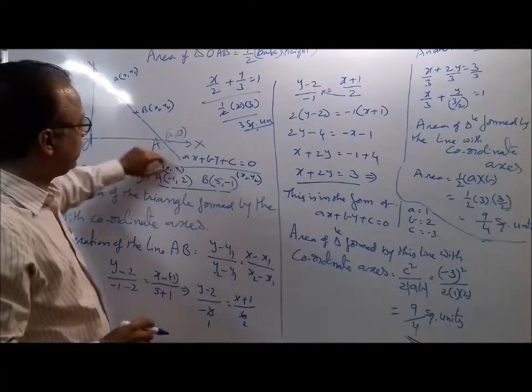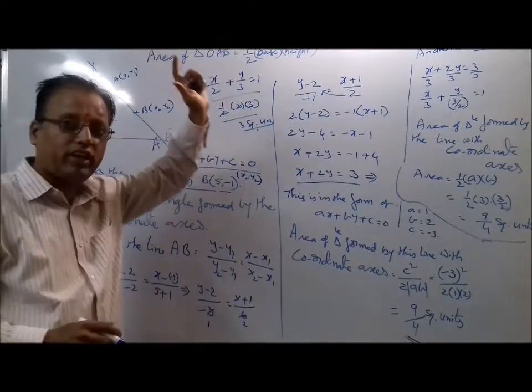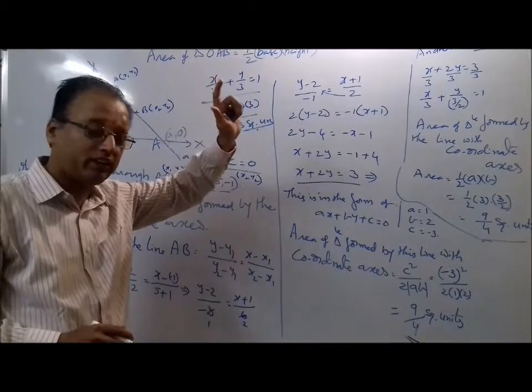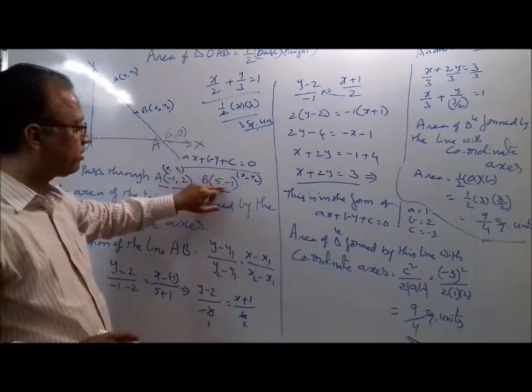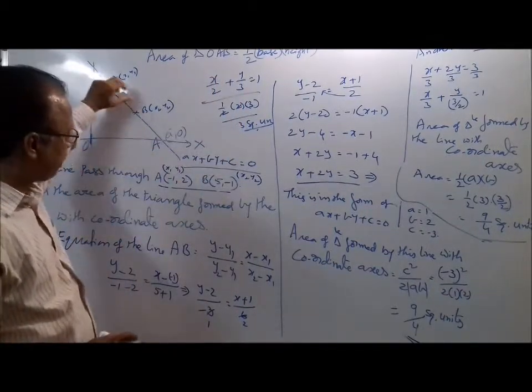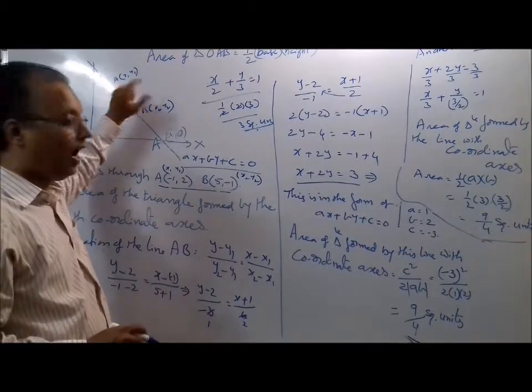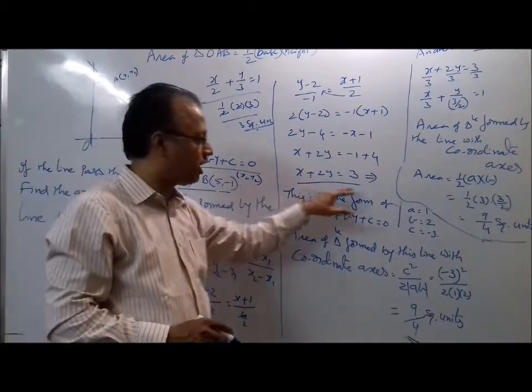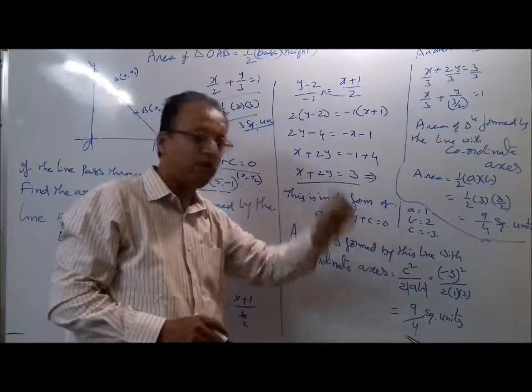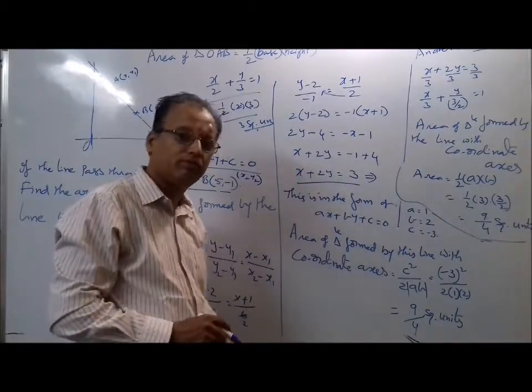If he has given you the intercept form like this, directly we can use the formula half base into height. But for any 2 points on the line, we have to get the equation of the line and then convert it into the general form and use c square by 2ab. Right?